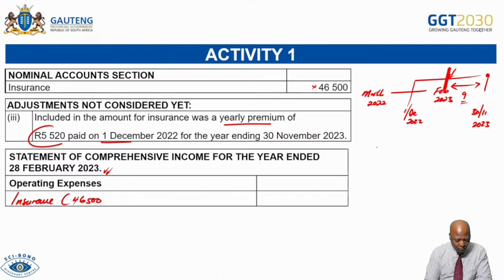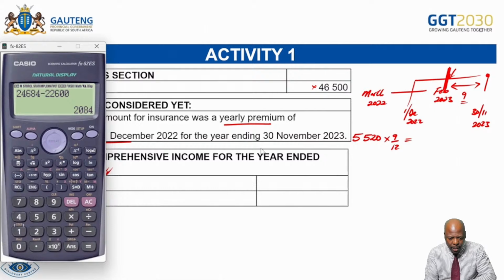And so we are now going to say the 5,520. We're going to multiply that by 9/12. We want to see how much was paid in advance. So let's get the machine again.